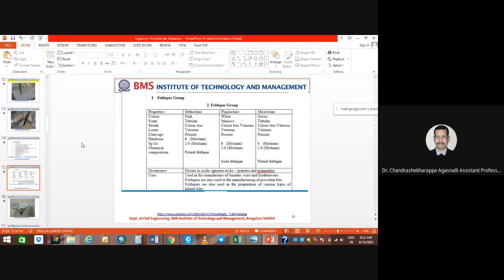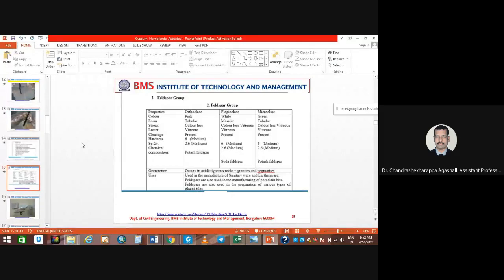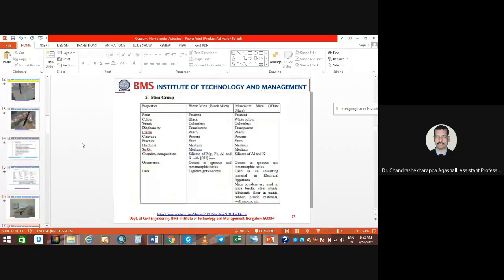And all these three we generally use for manufacturing of sanitary wares and earthenwares. And also we use it for porcelain, preparation of various glazed tiles and sanitary products manufactured from this feldspar group of minerals, because it contains potash feldspar and soda feldspar. Because of this chemical composition, it is very helpful for manufacturing sanitary wares and tiles. Okay, right.